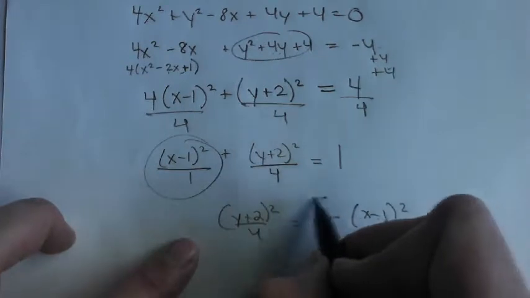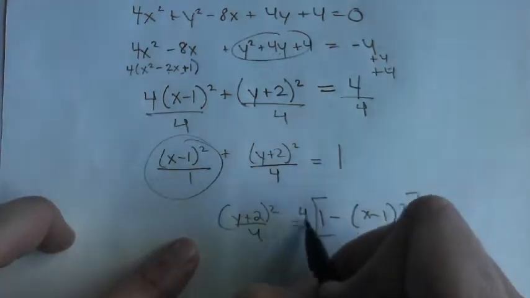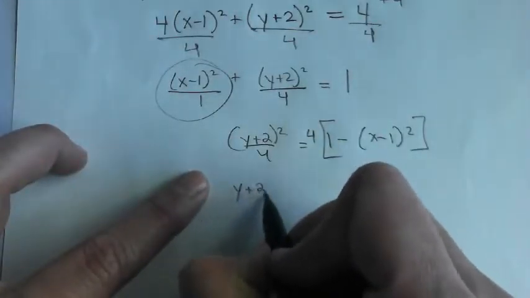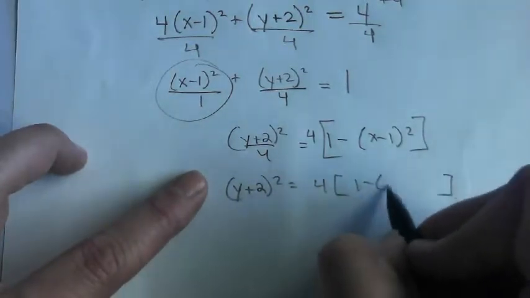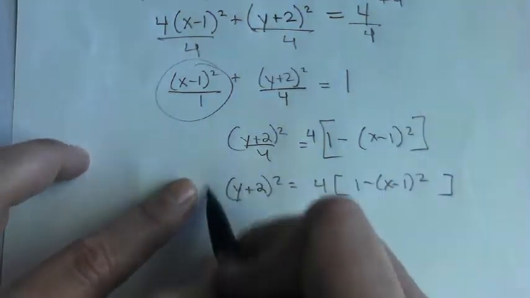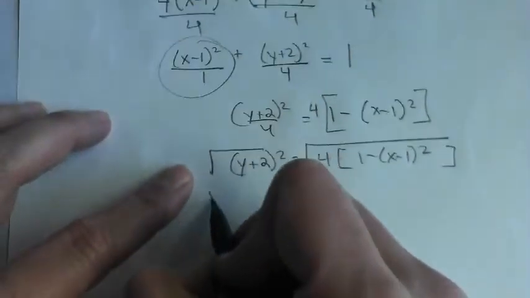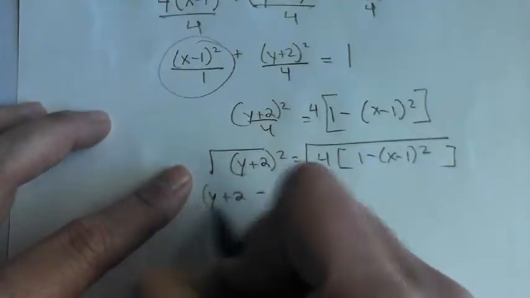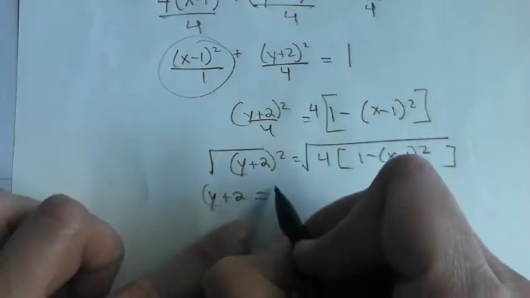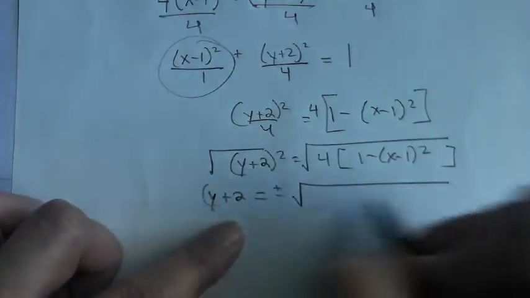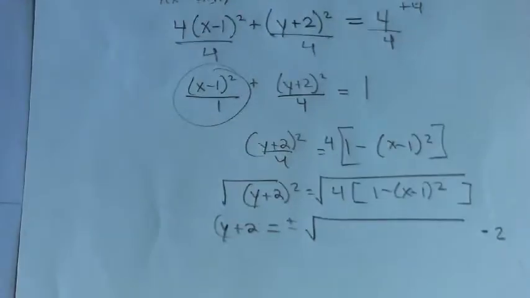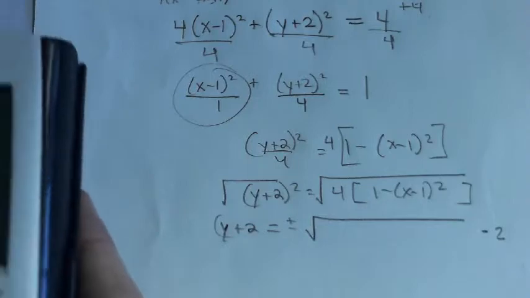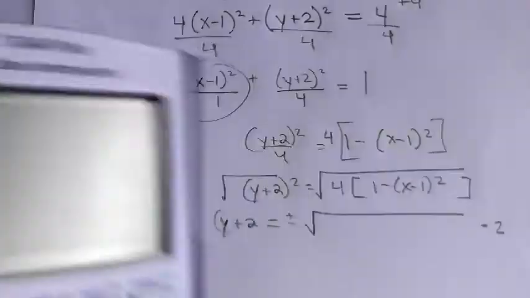So I'm going to subtract that over. I'm going to multiply by 4 to get rid of that denominator. y plus 2 equals plus or minus that whole big thing, and then I'm going to have to subtract 2 at the end. Race against the clock. I'm excited to see if I remember this correctly or not.